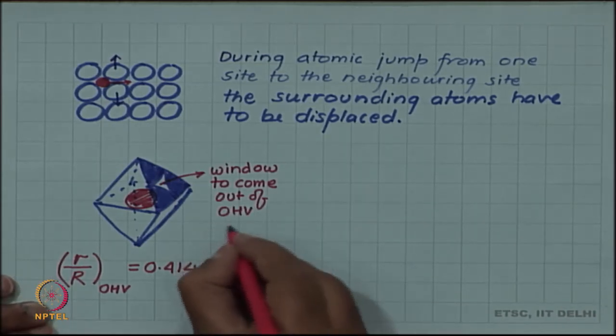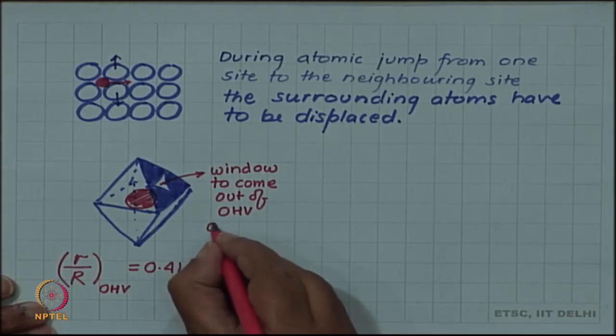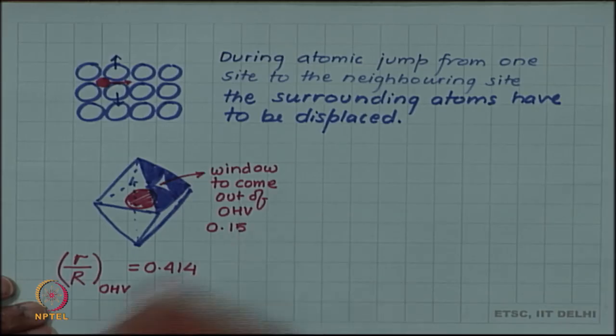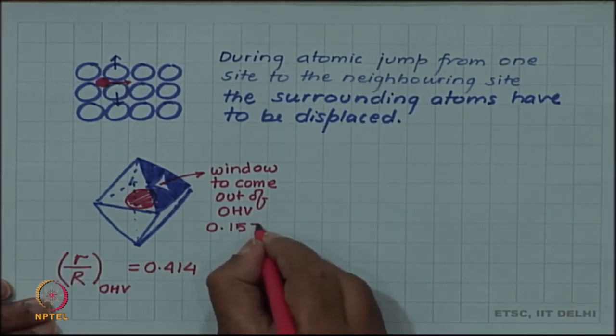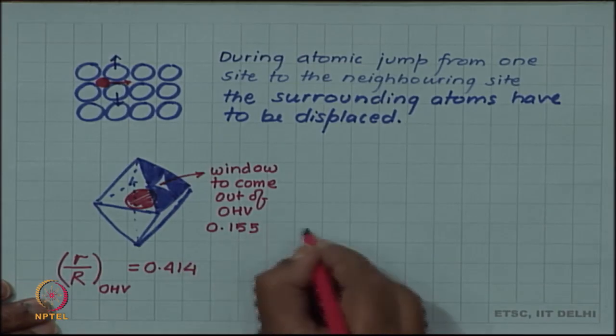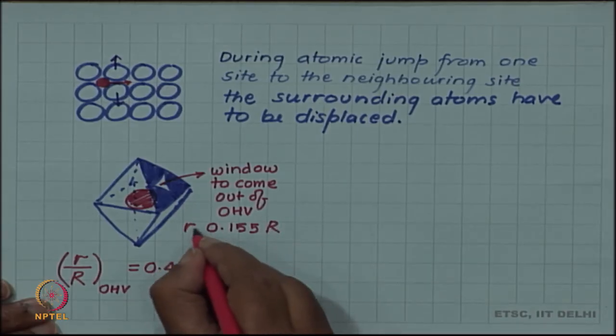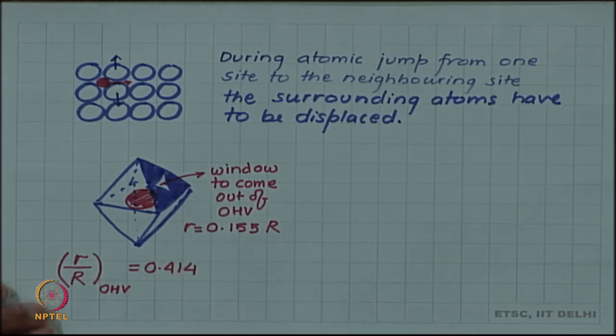But this window size, you can show, is only 0.155 R. So, this ratio is only 0.155.